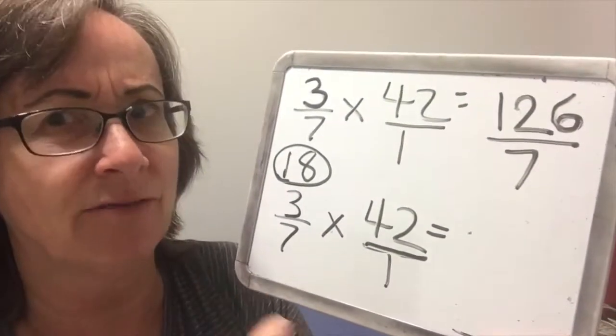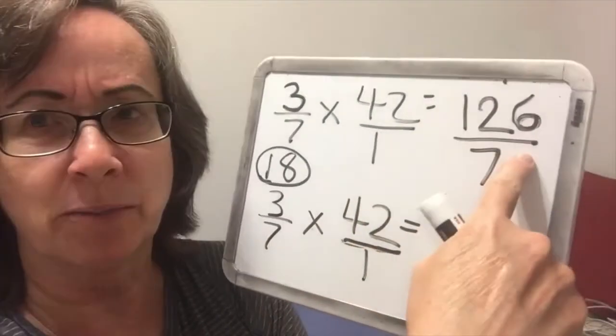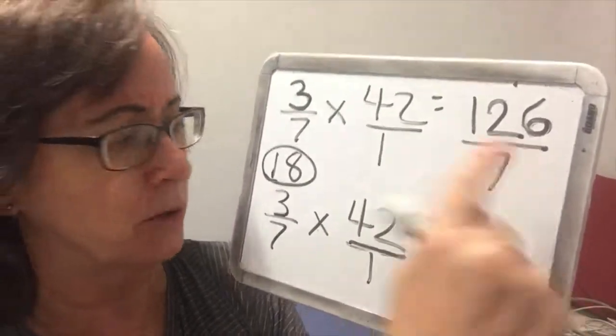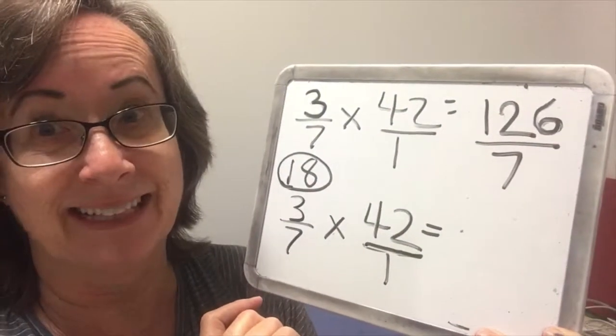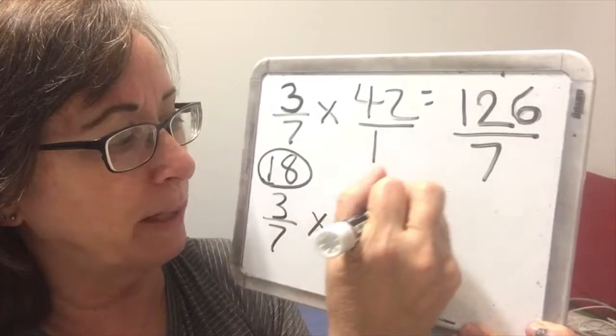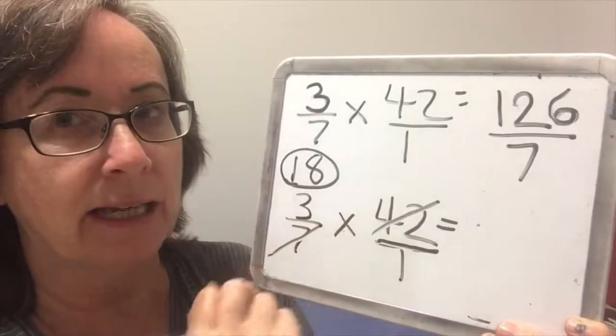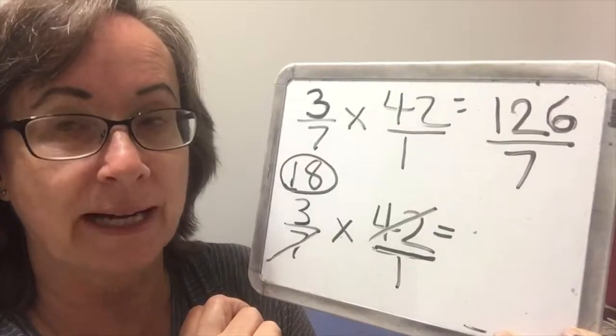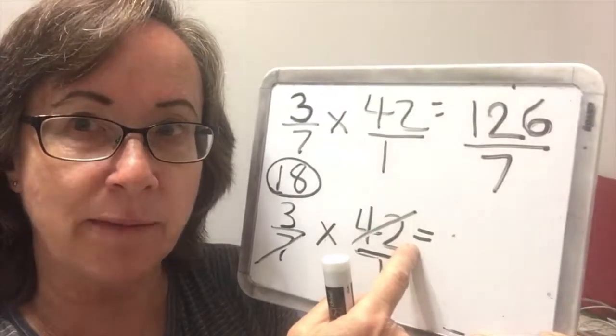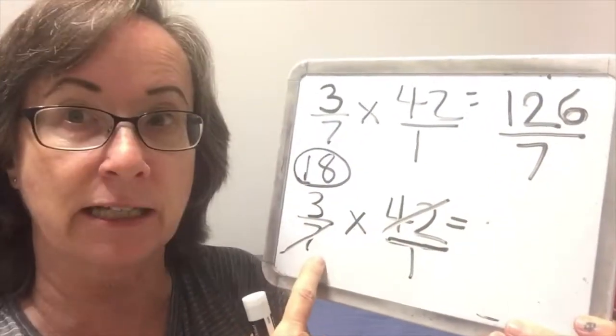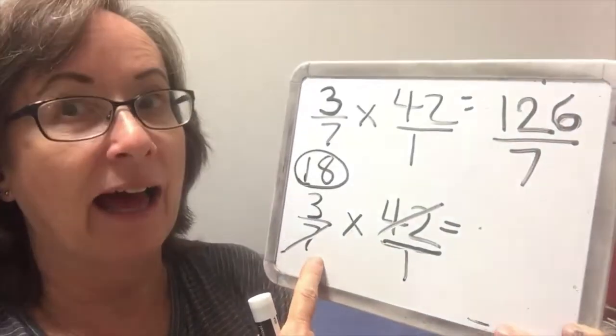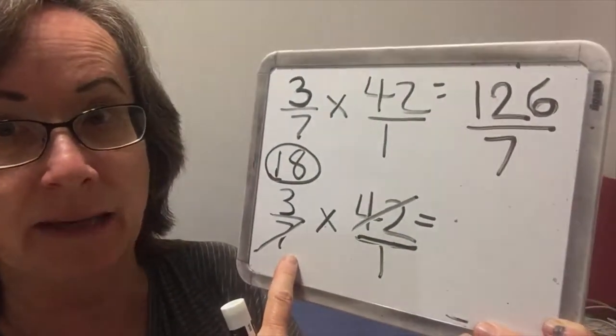So to save myself a little bit of time and not have to multiply into these big, big numbers, let's take a shortcut. Let's take 42 and 7 and divide them both by 7. As long as I do the same thing to the top of the fraction as I do to the bottom of the fraction, I will always come out with the same answer.